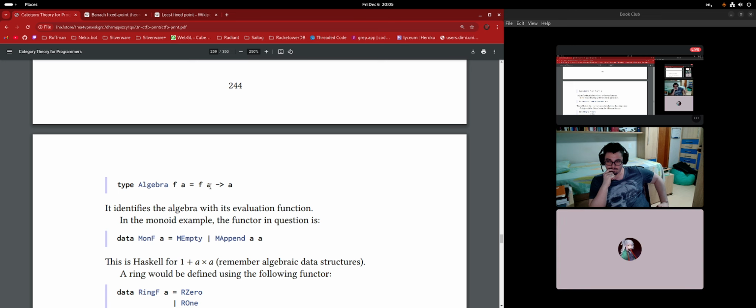And if you want to transform that into a Fix of Lisp F, you need an algorithm that takes Haskell F of Fix Lisp F and returns a Fix Lisp F. And you're going to pass that algorithm to your catamorphism. The algorithm is the evaluator, actually.